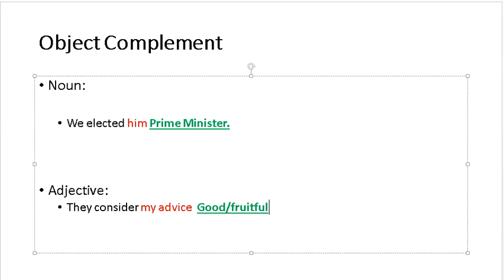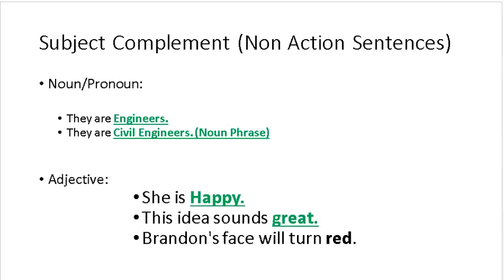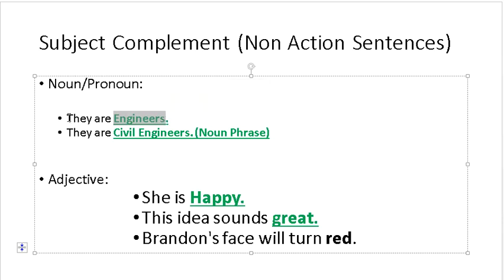Now like this sentence, engineer is basically a subject complement. This is talking about the subject they. This is talking about they. This is talking about she. Happy is talking about she. Great is talking about this idea. So this idea, she, they are the subjects.